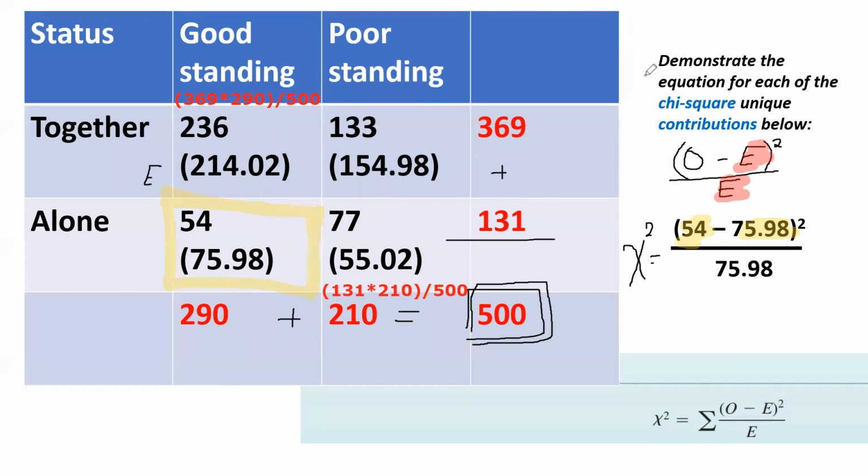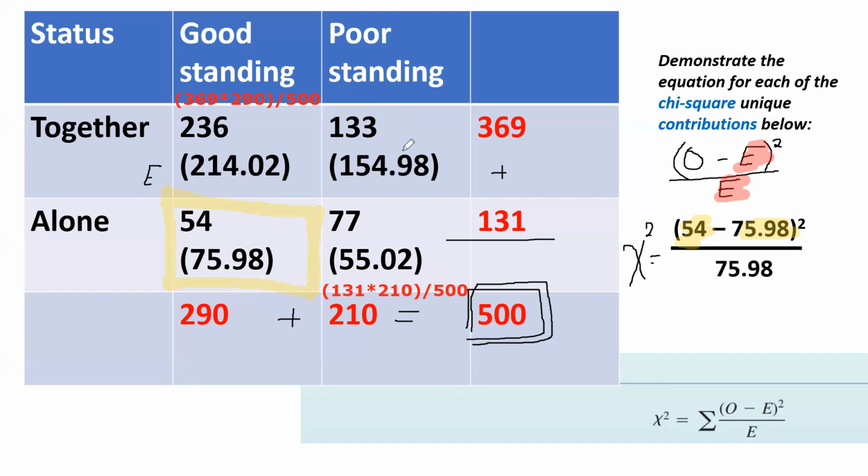But on the test, I will be asking each of you, when I talk about the unique contribution towards chi-square, this is a step that's not in a textbook, but it is saying, okay, looking at this cell and this cell alone, let's do the observed minus the expected, square it, and then divide that. And that value would be the unique contribution to chi-square from this cell. When we take the observed minus the expected here, square it, and divide it by E, that's the unique contribution for this cell.